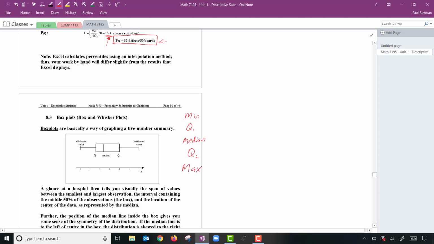Basically, we're just going to plot those 5 values on a number line and then create a graphic from it. So you have your large data set, you find these 5 numbers, you draw a scale, and then you just plot those 5 dots. The rest of it is just for show.